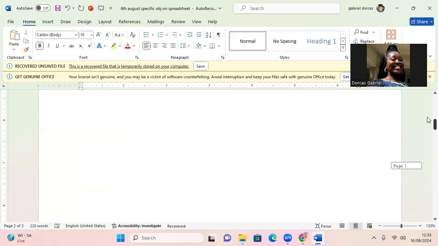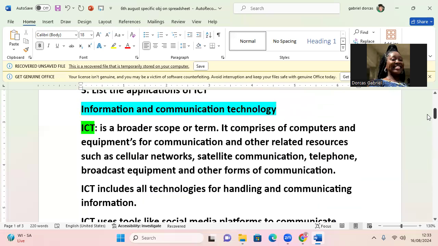But ICT is far more broader than IT. ICT comprises computers and equipment for communication and other related resources such as cellular networks, satellite communication, telephone, broadcast equipment, and other forms of communication.